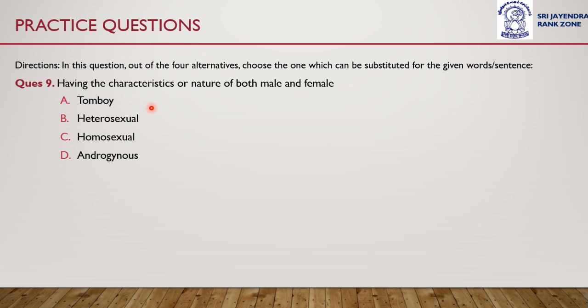Option B, heterosexual? Option C, homosexual? Or option D, androgynous? Tomboy, heterosexual, homosexual, or androgynous? Which of the four options can be used to describe having the characteristics or nature of both male and female?